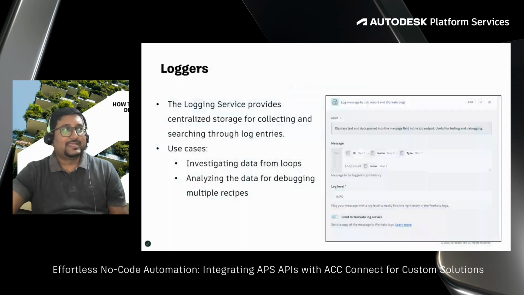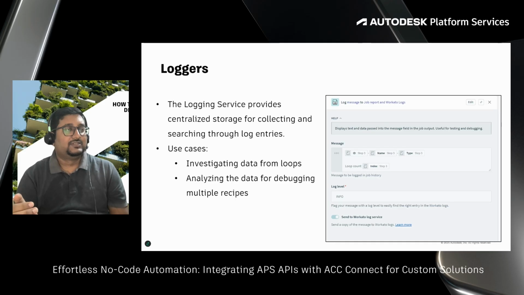Now moving on to the next part, which is loggers and lookup tables. The logger service, or the logging service, provides centralized storage for collecting and searching through the different log entries. And what are the different use cases? When you're running loops in recipes, you do not get the data for each particular step of the loop. You only get the data for the last step.